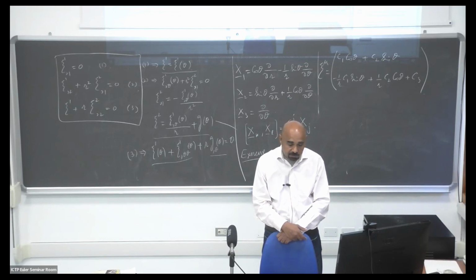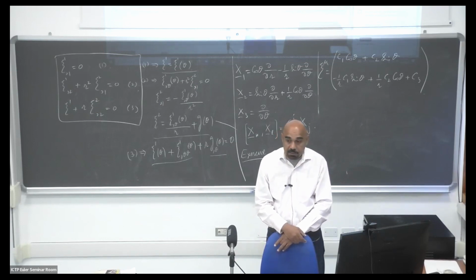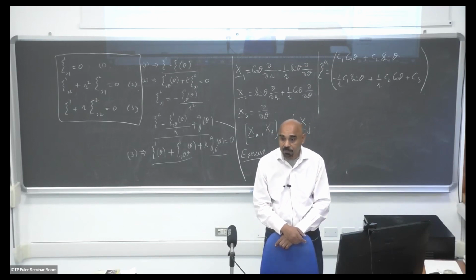The Lie algebra is always closed, and actually this is a test of our calculations also. If we are not able to close the Lie algebra, this means we have made some mistake. So in the case of continuous symmetries, it is always closed. And there are the discrete symmetries you are talking about, and then there are some approximate symmetries and so on. There the situation is different. They may not obey this property.